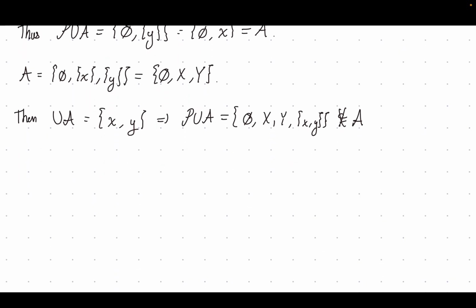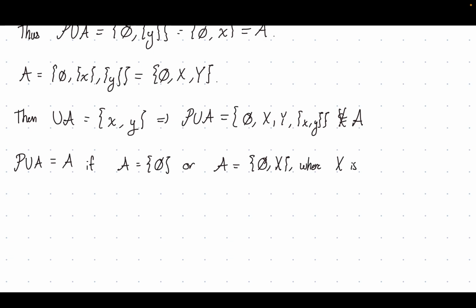And this is where I am completely out of ideas, and I will just say that the power set of the union of A is equal to A if A is equal to the set containing the empty set, or A is equal to the set containing the empty set and X is a singleton.